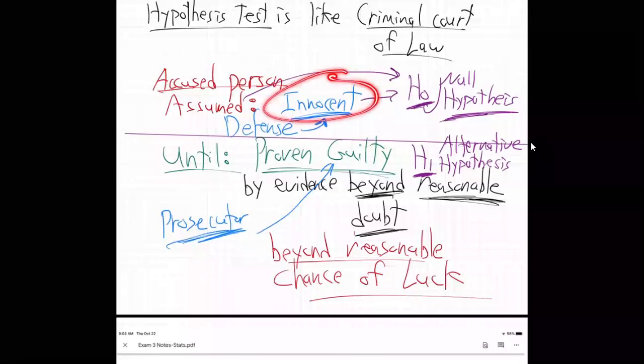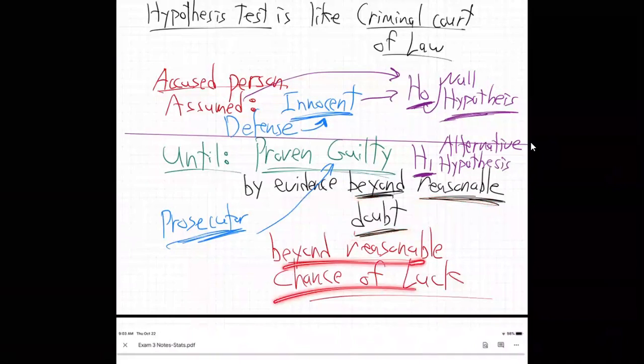So the jury should stay with innocent. If there's not strong evidence, the jury is supposed to stay with innocent. But if there is strong evidence, and what does strong evidence mean? Beyond a reasonable doubt. Meaning, beyond a reasonable chance that it could just be a lucky coincidence. Yeah, the person was at the same place at the same time, but that doesn't mean they did the murder, right? That could just be lucky that they happened to be at the same place at the same time. If you don't have any stronger evidence than that, we could say that's just a lucky coincidence.